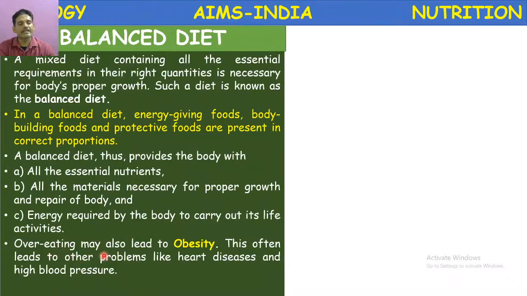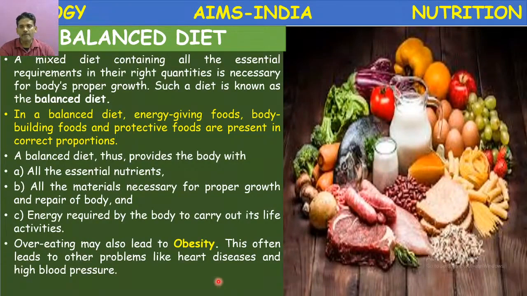That is, overeating may also lead to a disorder called obesity. About this, in the next class we are going to discuss obesity. Overeating may also lead to obesity. This often leads to other problems like cardiovascular problems, heart diseases, and blood pressure. These problems together are called cardiovascular problems, and also renal problems, problems related to kidneys.